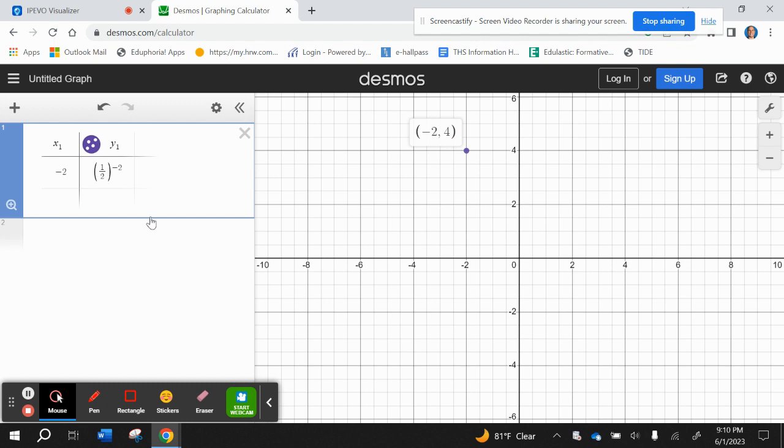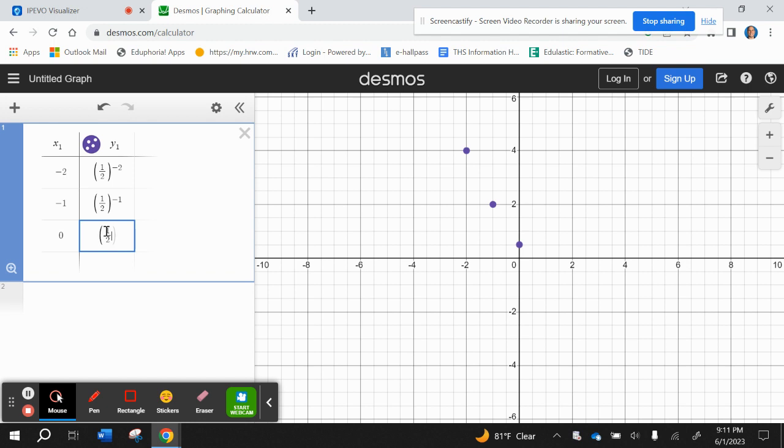Okay, and then that's when x is -1. That's 1 divided by 2 to the -1. So -1, 2. 0, 1 divided by 2 to the 0 power is 0, 1.